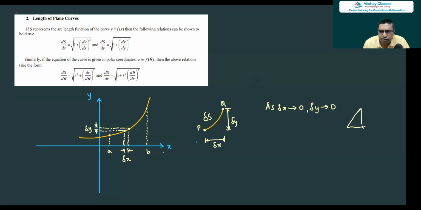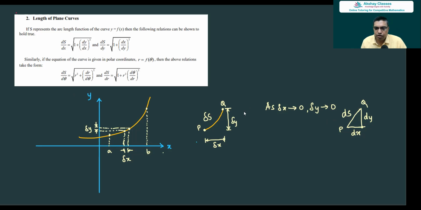When P and Q are infinitesimally close, we can replace delta x by dx, a differential increment, delta y by dy, and this length by ds. Clear?